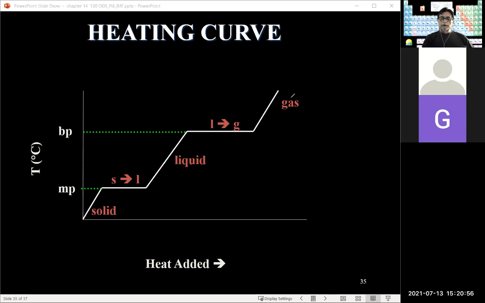Okay. Now, think about this. This is true. We're going from left to right, but we can take gas and bring it back into the liquid and vice versa, go the other direction. And what we're doing is we're taking away energy. As we put energy into the system, the molecules become more energized, right? So they go from a solid to a liquid. The liquid has more energy than the solid, and then that liquid goes to the gas.